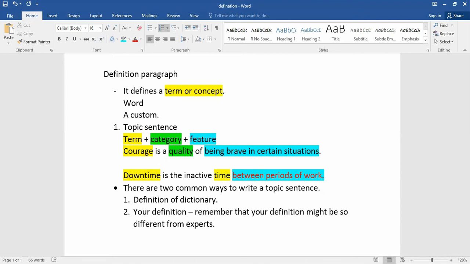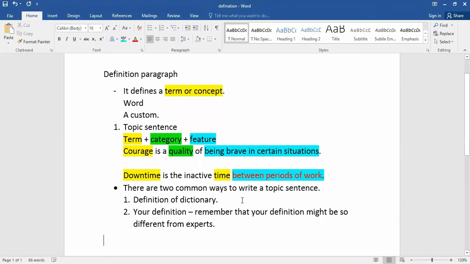Your definition can be totally different, but it is at least your idea. You have to share it. You're not an expert of writing. Experts definitely write better definitions and use different language and words, but you're not an expert. You have to write your definition, however it is.